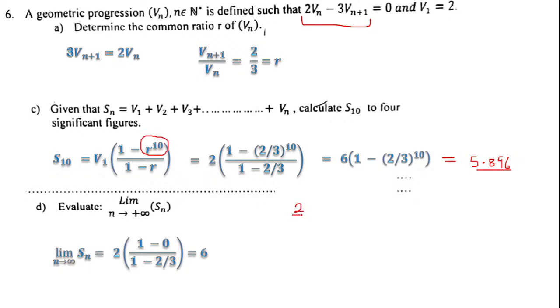Because we have 2 over 3 to the power infinity. In fact, any number that lies between minus 1 and 1, when you raise that number to the power infinity, that gives us 0. That's why we have 0 at this position. So we'll have 2 into 1 minus 0 on 1 minus 2 on 3, and this gives us 6. So that is why we have 6 here.